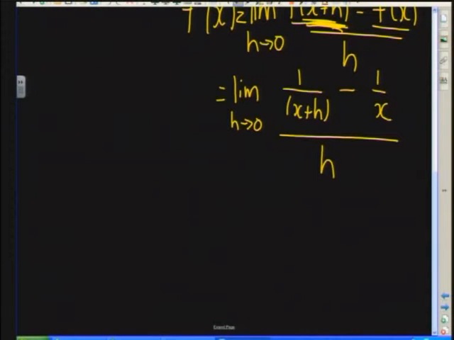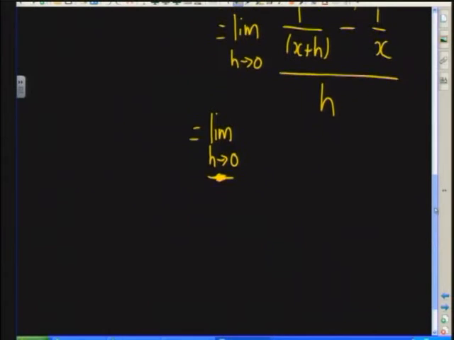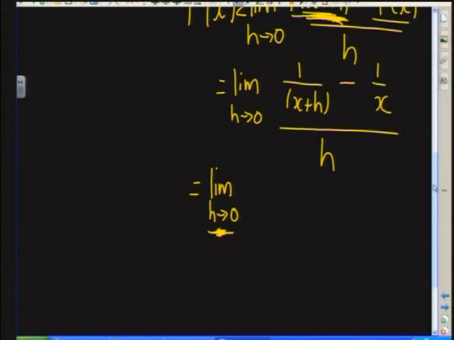Okay, then that's equal to, once again, we bring down the limit as h, we also, instead of saying approaches all the time, we can also say h tends to 0. So you'll often hear us interchangeably saying either approaches or tends to 0. It's the same thing. Okay, so I've got 1 over x plus h minus 1 over x all over h.